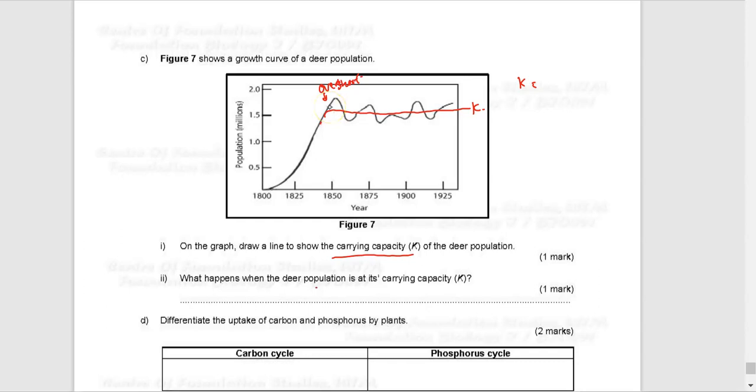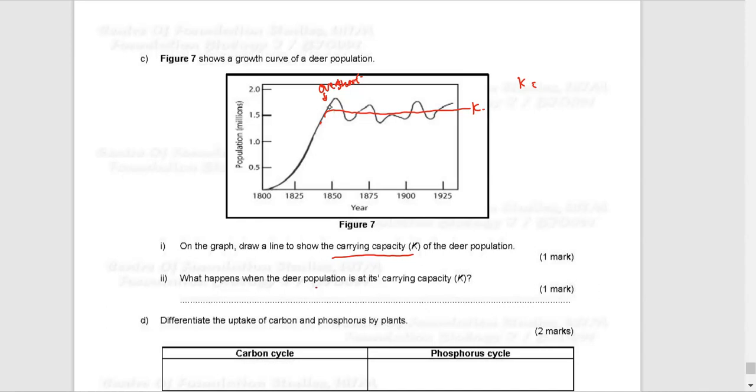Okay, so why does the population of deer reach overshoot? This is because initially, in the area where the population lives, there's plenty of food. There are plenty of bushes or trees, plenty of leaves for the deer to feed on, so the population of deer will increase.